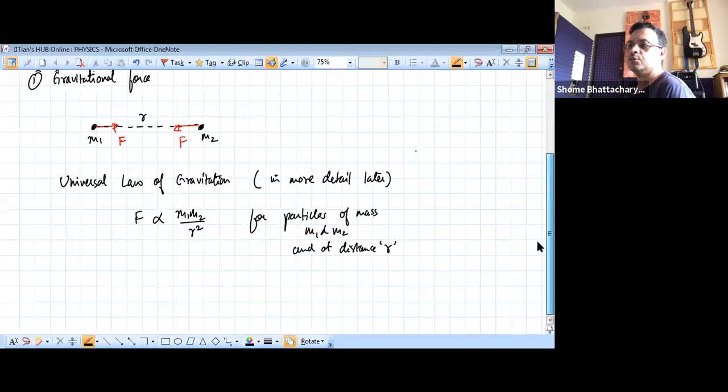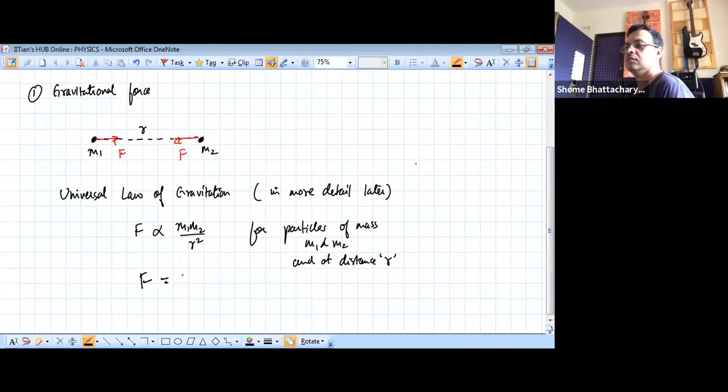And the constant of proportionality is capital G, which is called the universal gravitational constant.